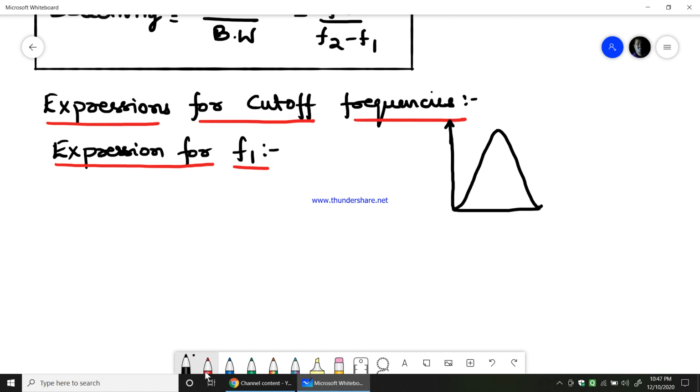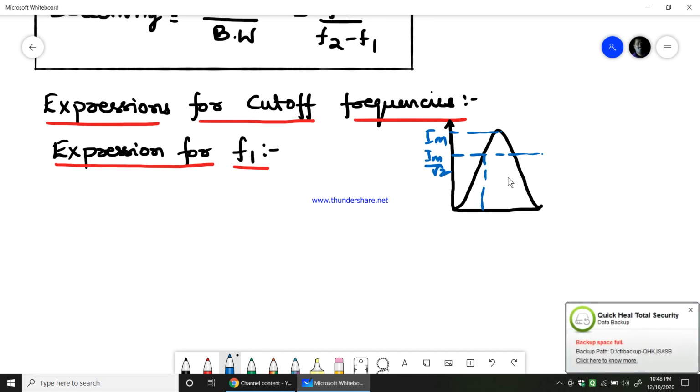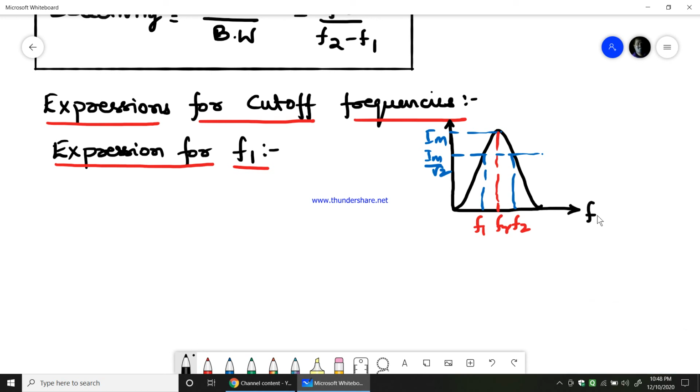So this is Im, this is Im by root 2, and these frequencies are F1, F2, Fr, therefore this is frequency F. Here Xc was greater than XL at this point.